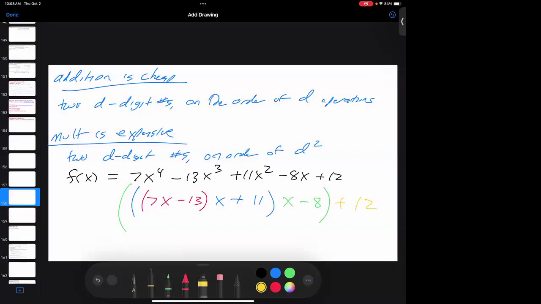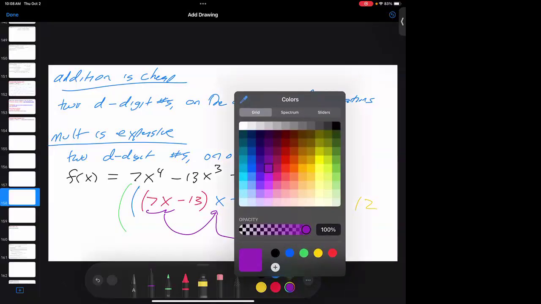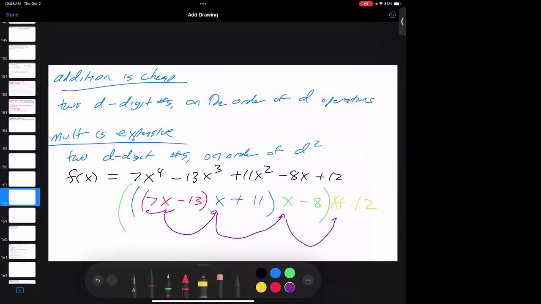I've just grouped things with parentheses. If you look at what's going on, this 7x hits this x, then hits this x. Oops, I dropped the x here. Then hits this x, and that's going to give me a 7x to the fourth term.